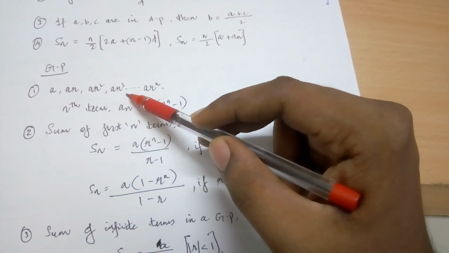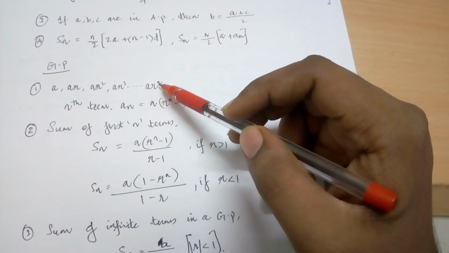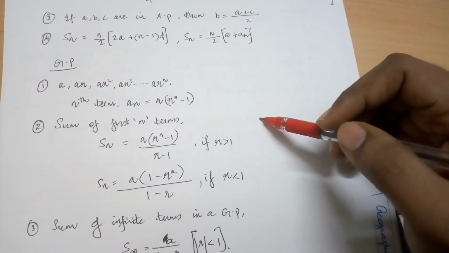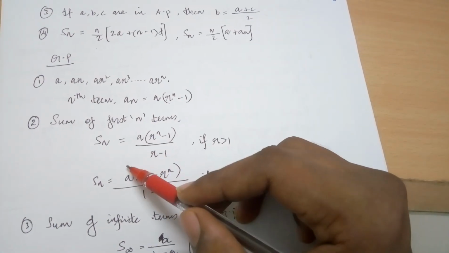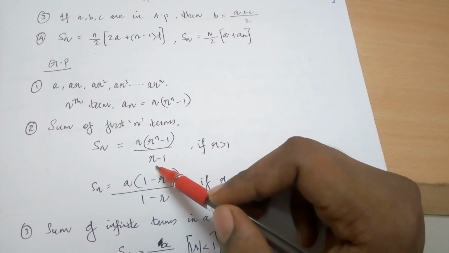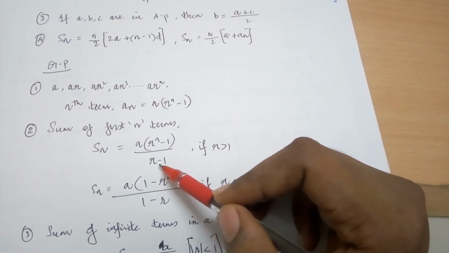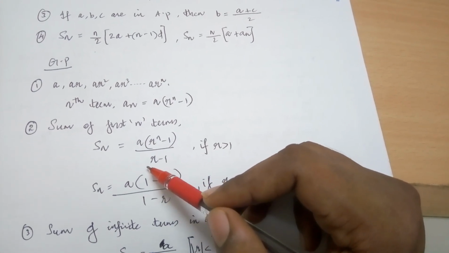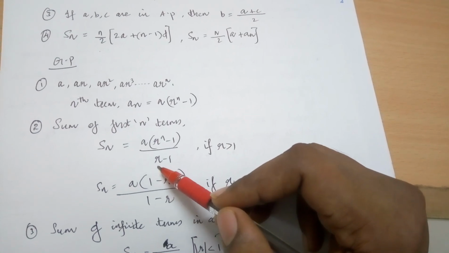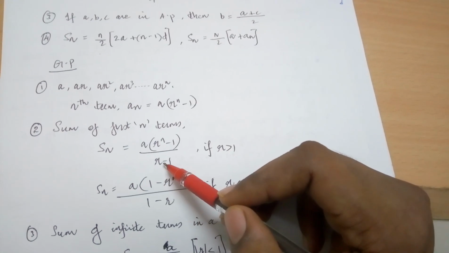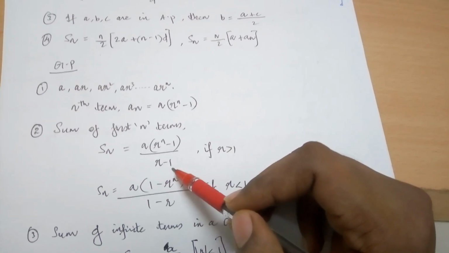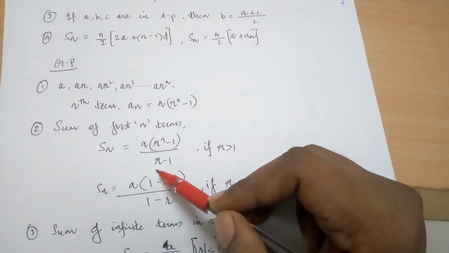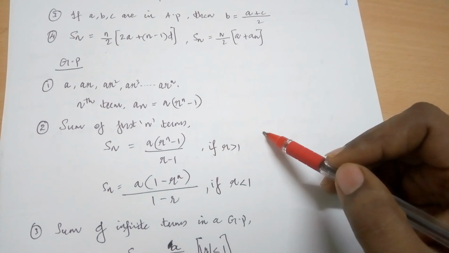That is how a GP goes on, and at last A R raised to n. This formula applies if the value of R is greater than 1, so that is the condition you have to study here.